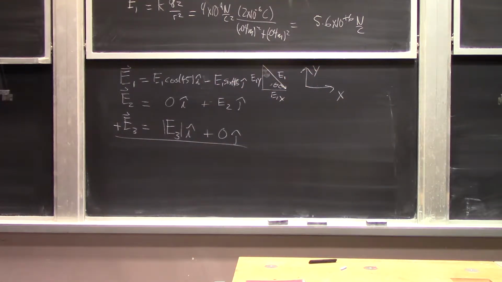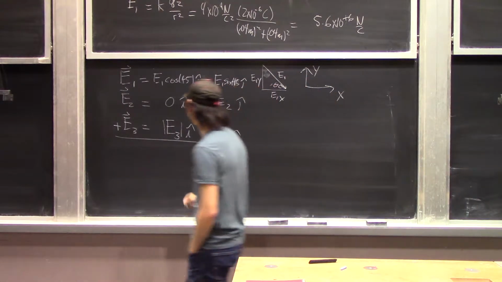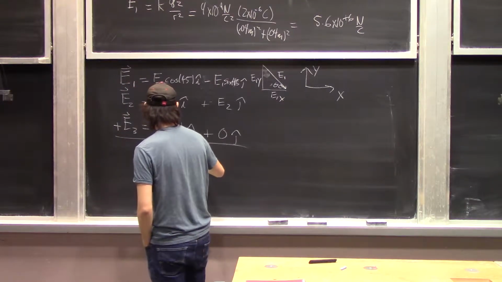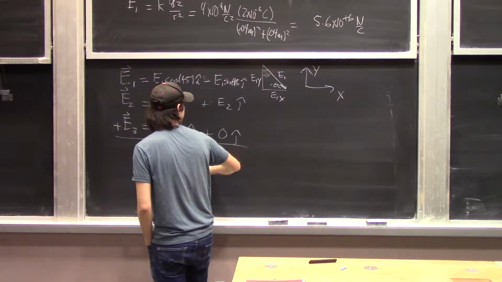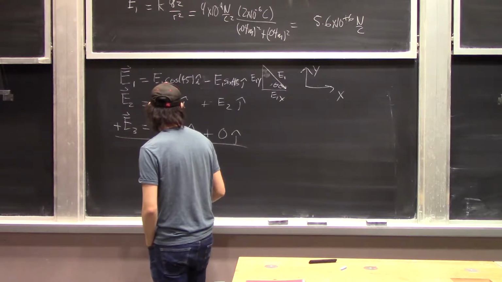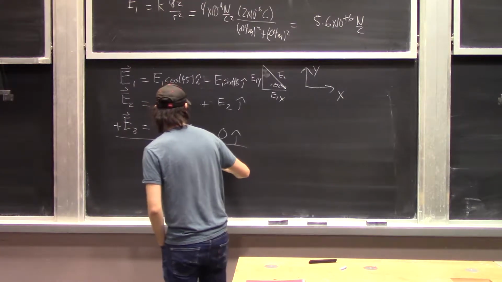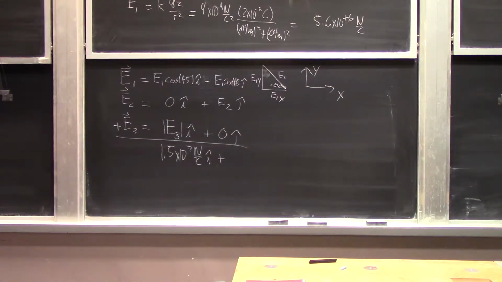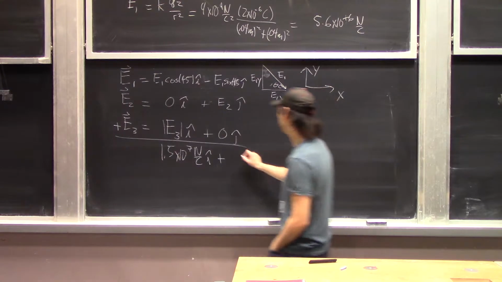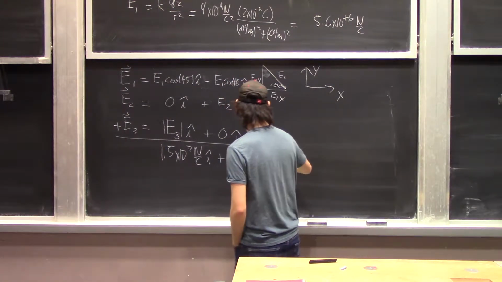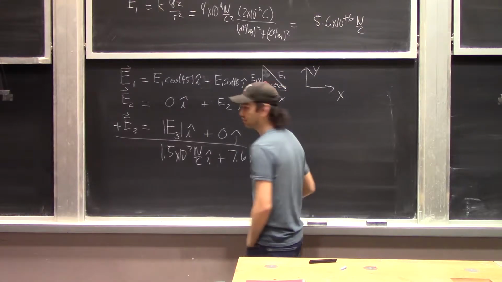And so when we add these together, what we end up seeing is that in the x direction, this is going to be 1.5 times 10 to the 7 newtons per Coulomb in the i direction, plus this one was 7.6 times 10 to the 7 newtons per Coulomb in the j direction. Okay?